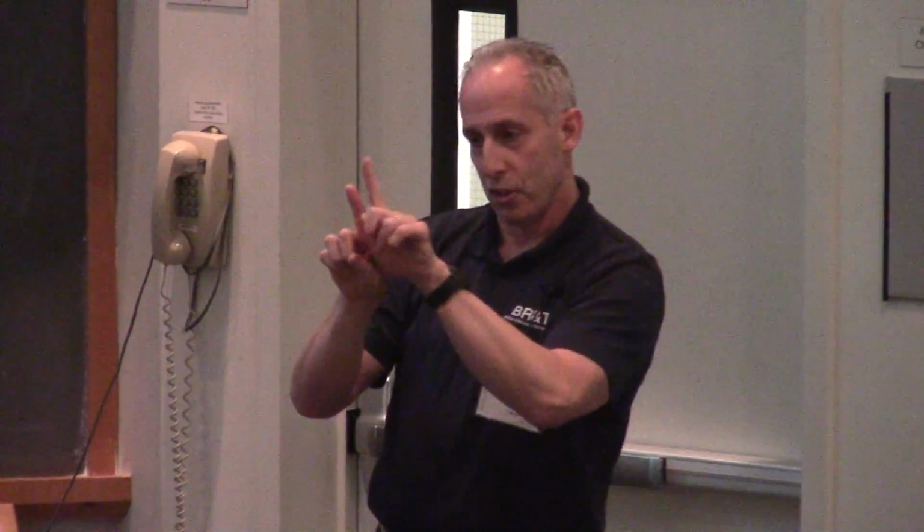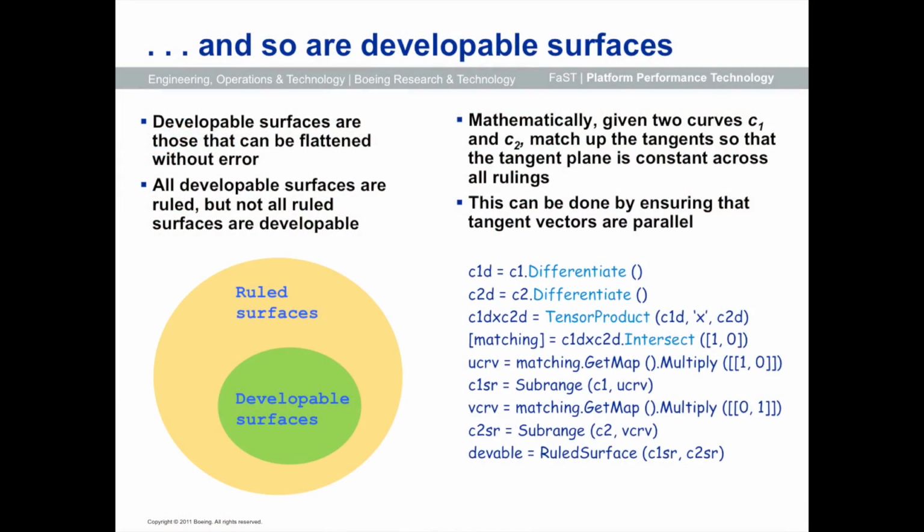If they're parallel, then the tangent plane for the ruled surface will be constant across that whole ruling. If those aren't, you're now going to get a tangent plane which will linearly twist from one tangent vector to the other. Okay, so how can we take advantage of that idea?